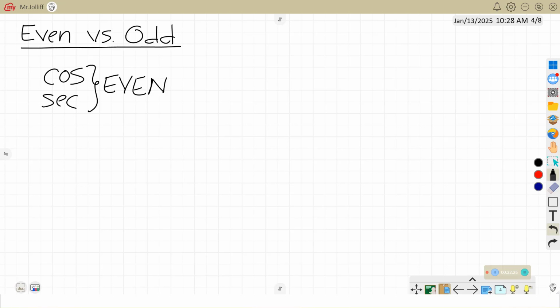We're going to look at the graphs next week. We also know that f of negative x is the same as f of positive x. That's what it means when we flip about the y-axis. Positive x and negative x give you the same y value, the same answer.